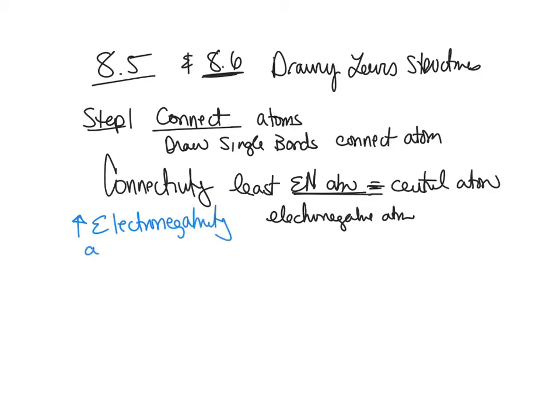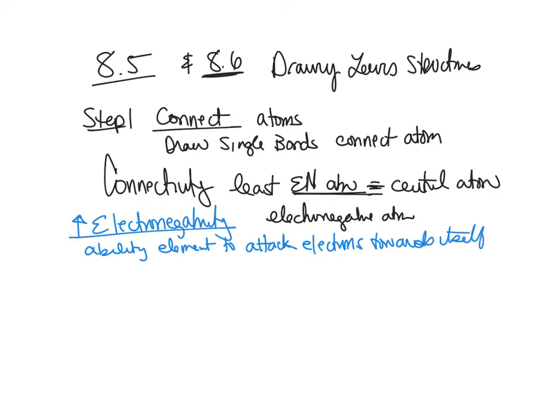That is the ability of the element to attract electrons towards itself. Electronegativity increases going up a group and it increases going across the row.